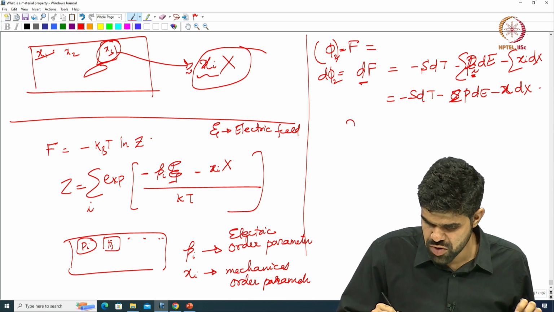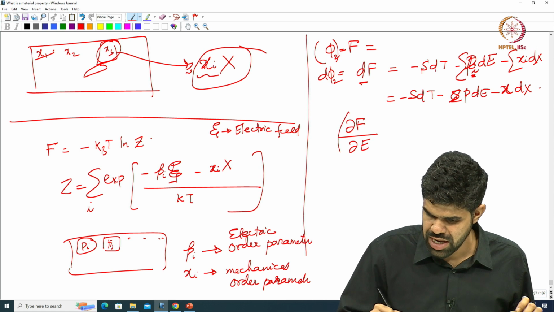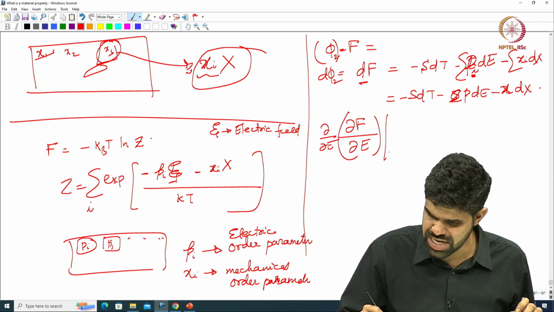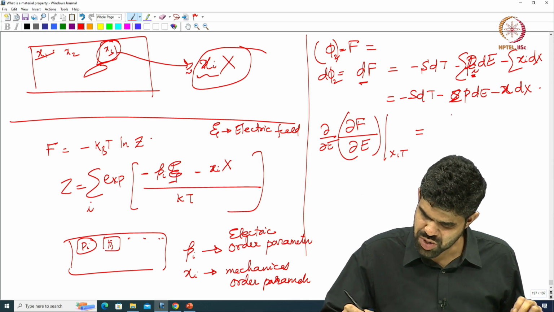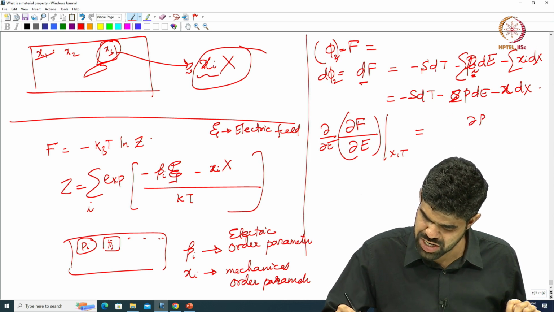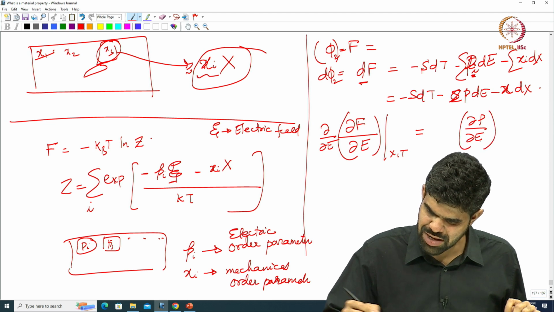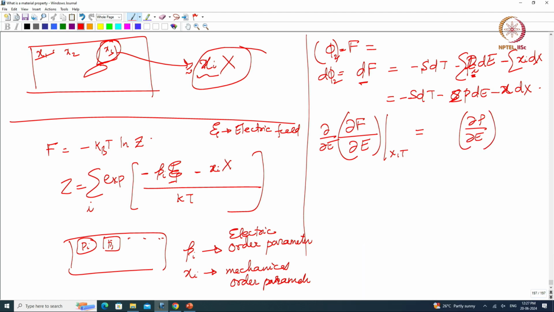Now I am going to define dou f by dou E, and dou by dou E of that, keeping stress constant and temperature constant, and that we have seen will be dou p by dou E. Let's assume that tensorially all of them are in the same direction to be very simple. So that will be my susceptibility, dou p by dou E, or minus of susceptibility.